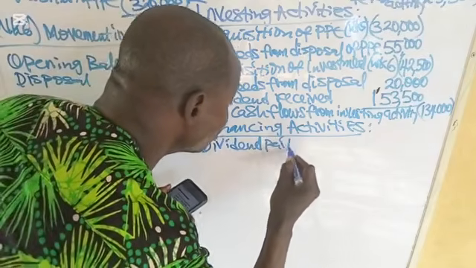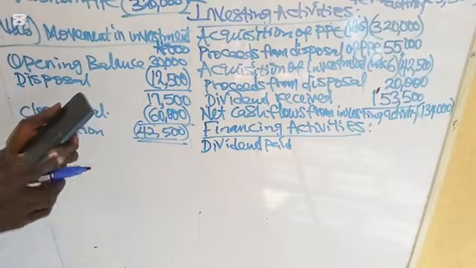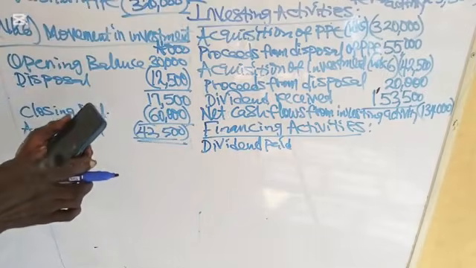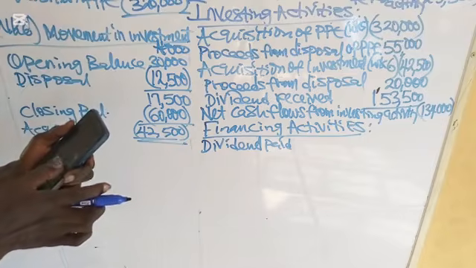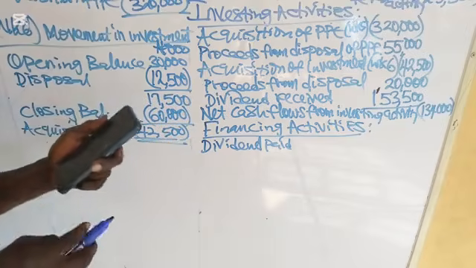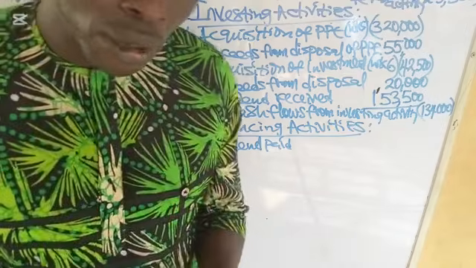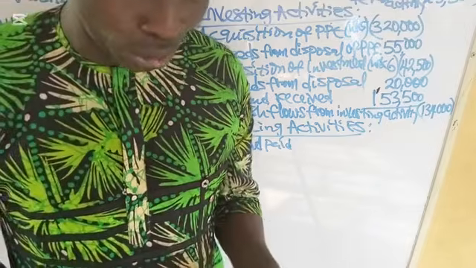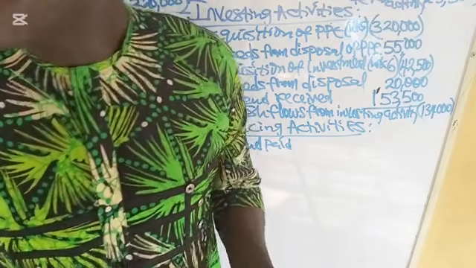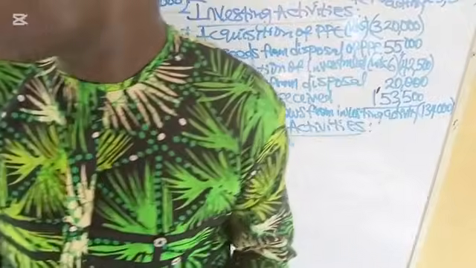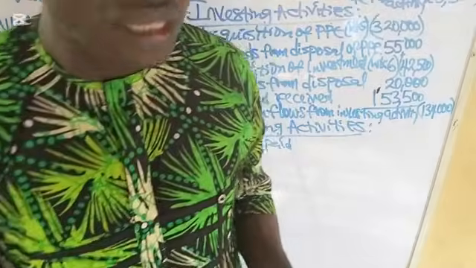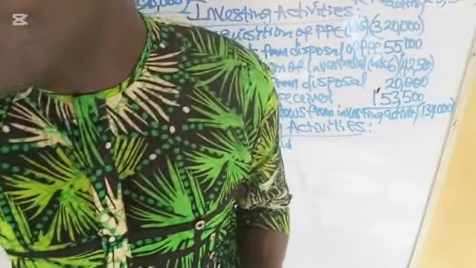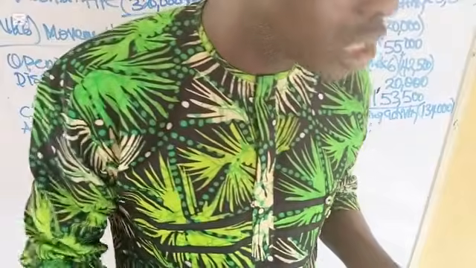Which is 2 kobo per share was paid in the year 2021. And there were also bonus issues. It is because of this bonus issue story I saw in the question that I am not starting with the movement in equity shares.